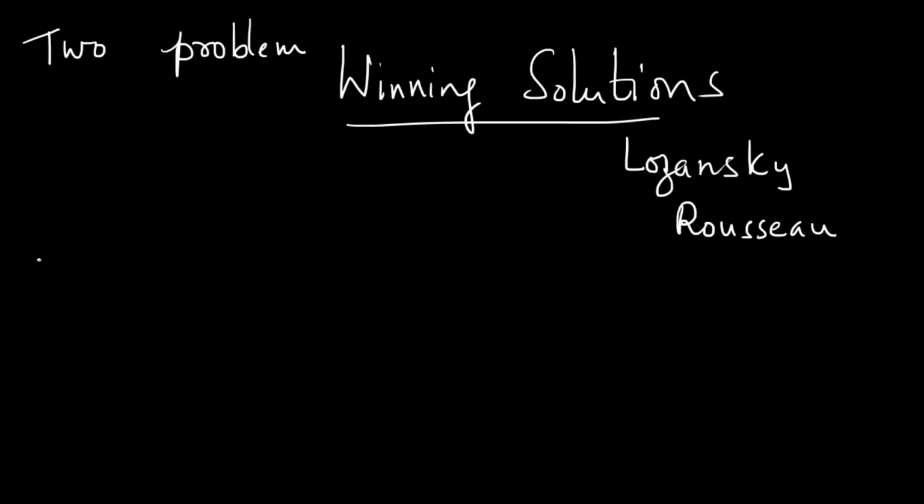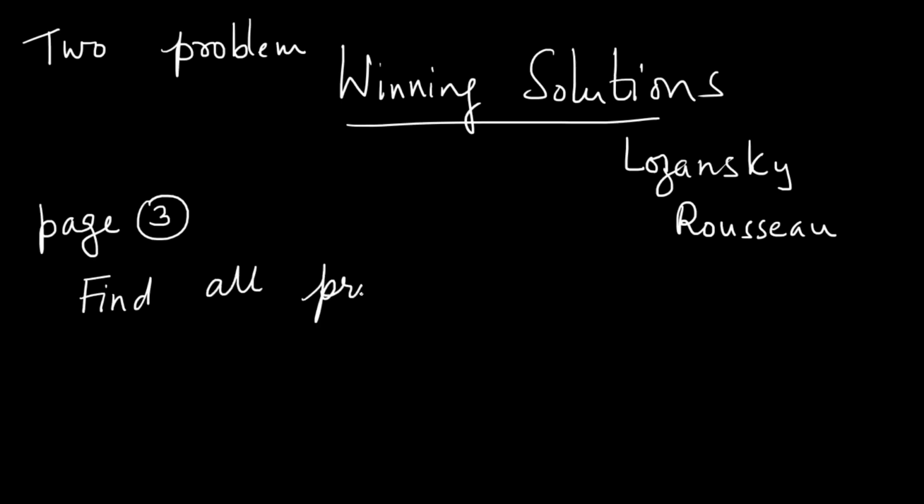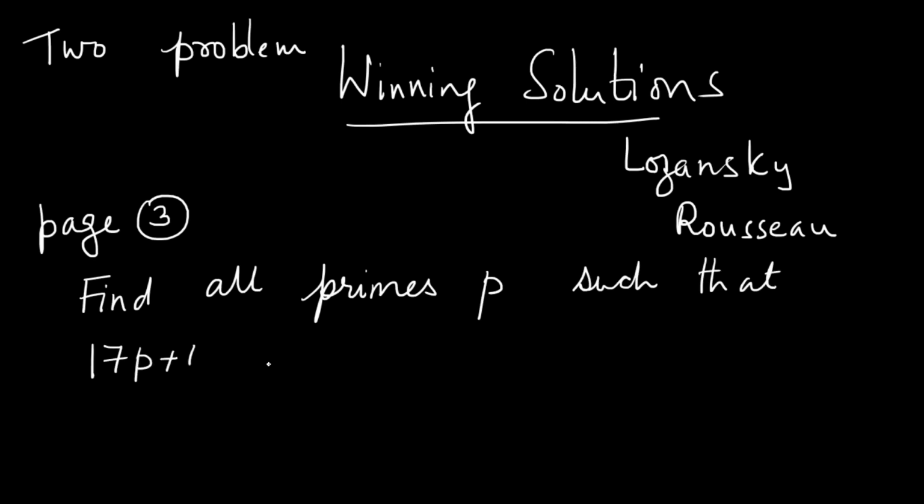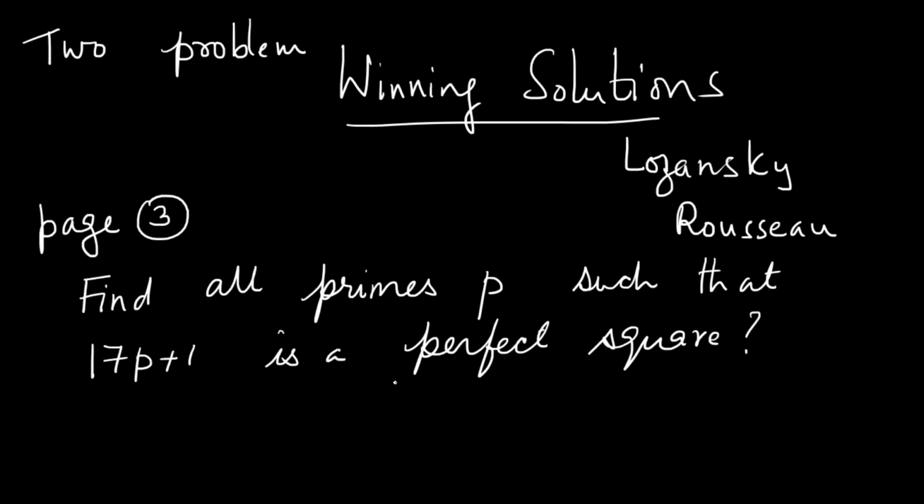I shall pick up the first example on page 3, a very interesting example. I suggest this as an exercise: find all primes p such that 17p plus 1 is a perfect square. As a hint, I suggest you think along the lines of factorization.